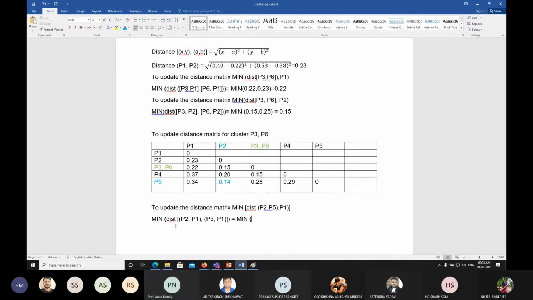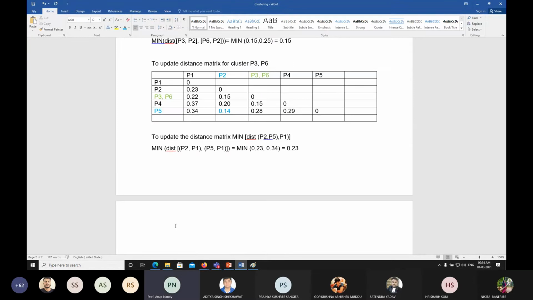Bolo? So 0.23 and 0.34. Very good. That is 0.43. Okay.